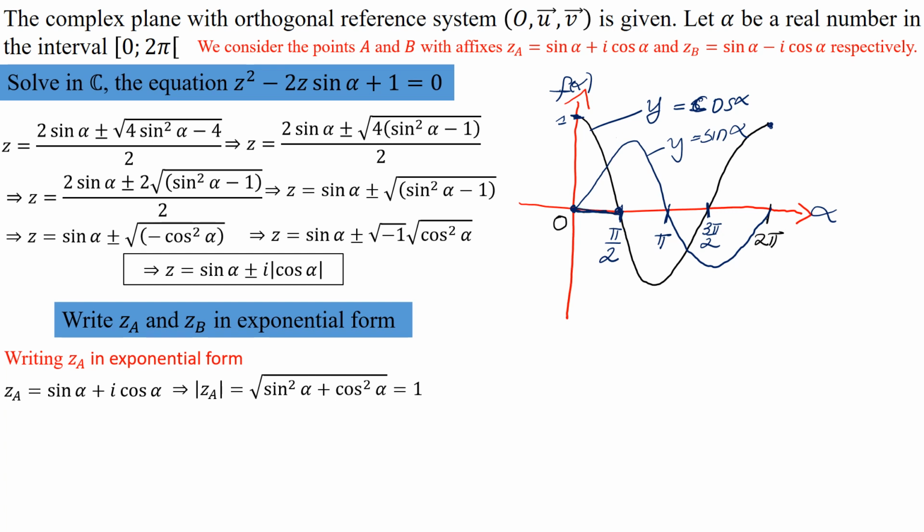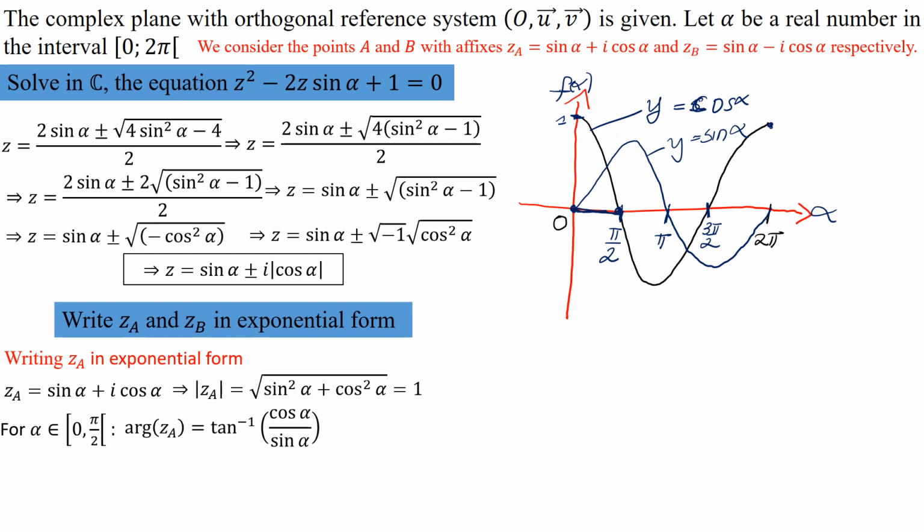So the complex number A is going to lie in the first quadrant, because both the real part and the imaginary part are positive.